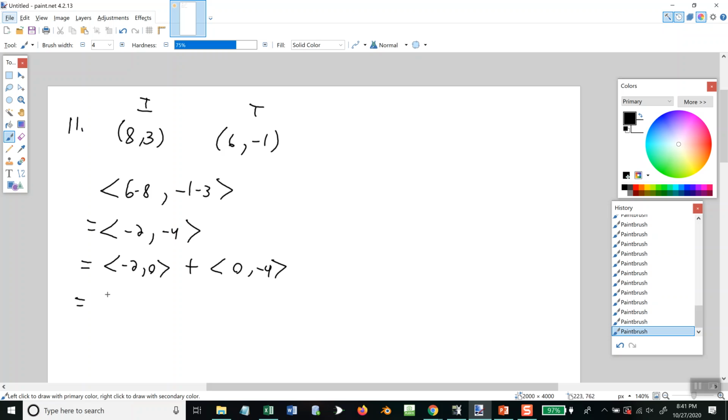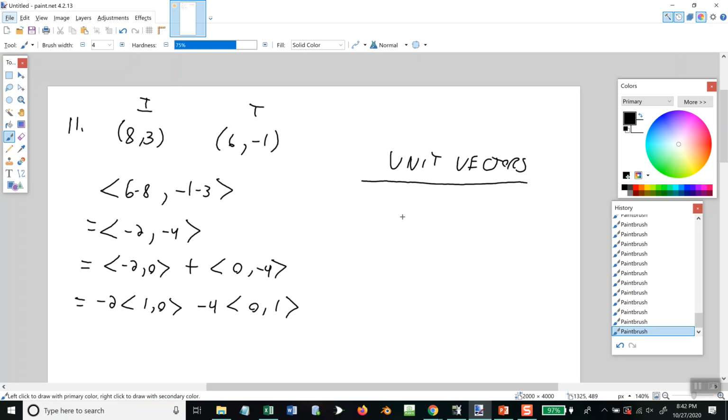You can also factor out a number, so I can factor a negative 2 out of here. I can factor a negative 4 out of here. We got unit vectors. And 1, 0 is one of our unit vectors.